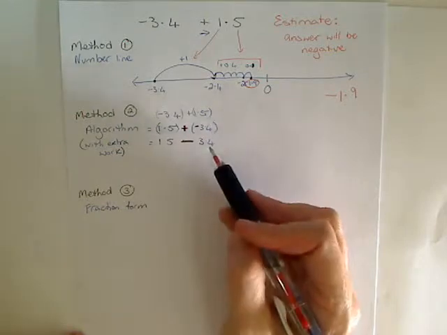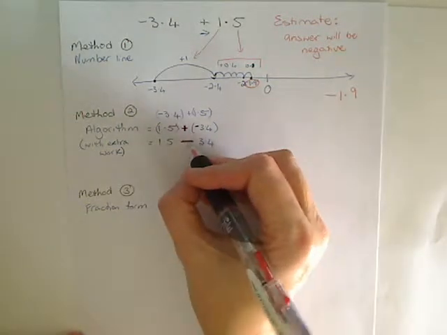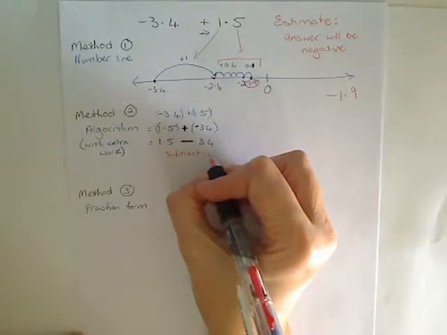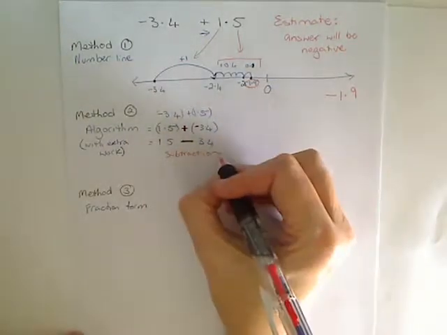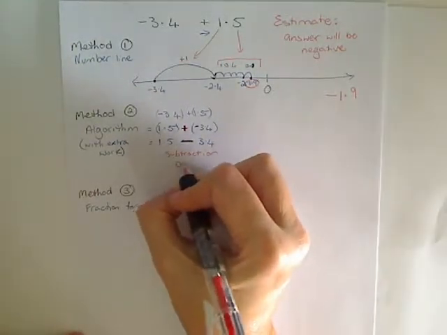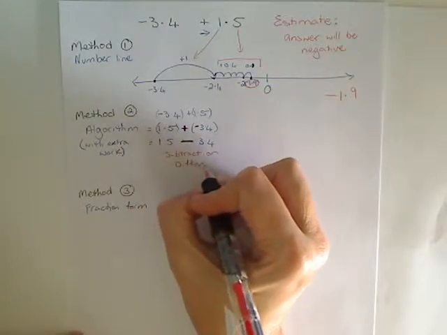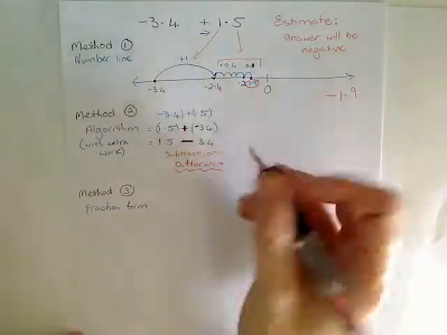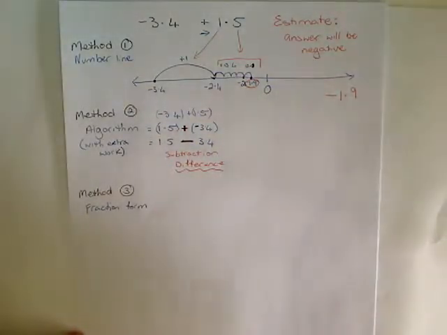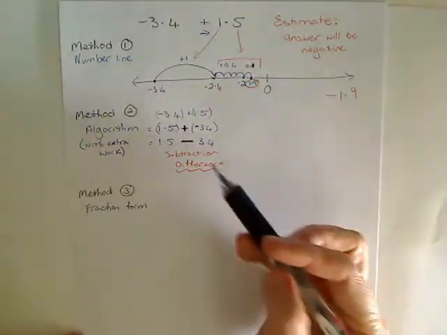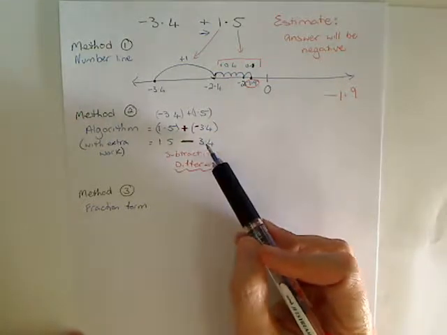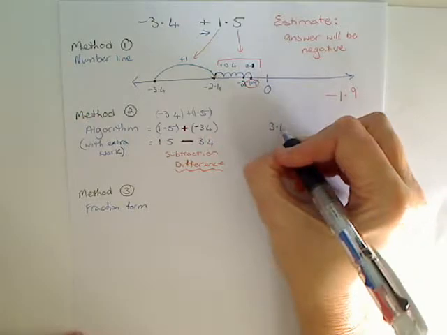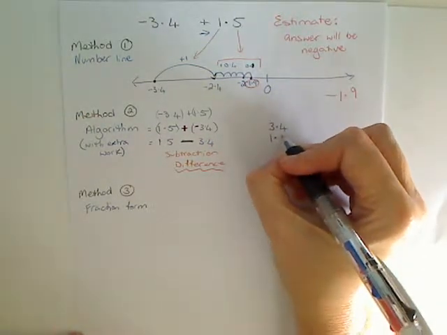And the reason why we do all that is because subtraction can be takeaway, but it can also be thought of as the difference. And we're looking for the difference between our 2 numbers. So if we know that subtraction is difference, we're actually going to subtract these 2 numbers, and our algorithm must have the larger number on top, so 3.4 and 1.5.